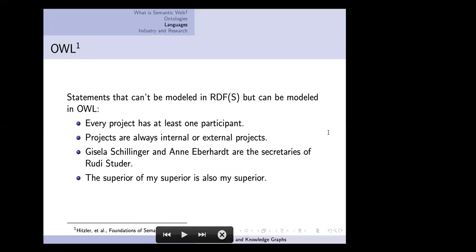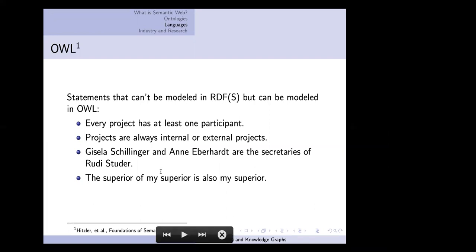Yeah, so what does it actually bring us? So we have here, for example, expressions that can be done by OWL and were not possible by RDFS, like cardinality. Every project has at least one participant. We could say that projects are always internal or external projects, so we can have restrictions there.